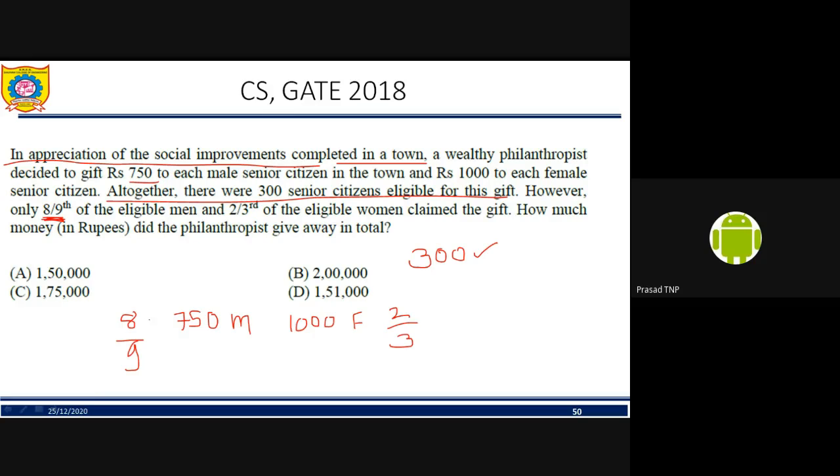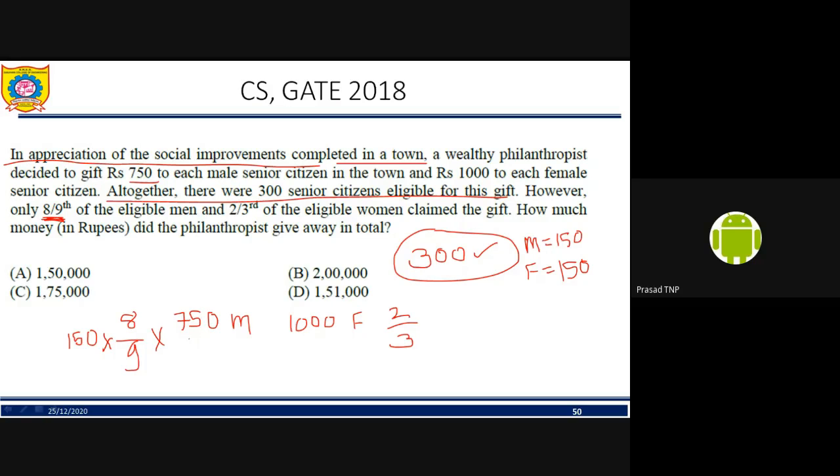So here total are 300, but how many male and how many female is not given. So what we can do is we can take the male members are 150 in total and female members are 150 in total. Okay, it's not given. So we can take this one. But out of total 150 male, only 8 by 9, means 150 into 8 by 9, were present for the gift, and for each male person, 750 is the amount.